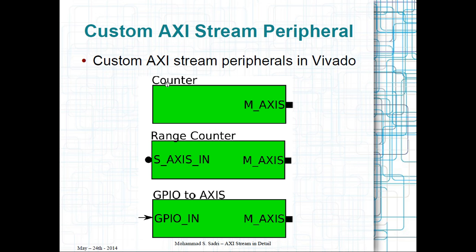The three example modules that I have considered for today's video are these three. The first one is just a simple counter. It counts continuously with the incoming clock, and it contains one AXI master stream interface, which is basically showing the counted values.